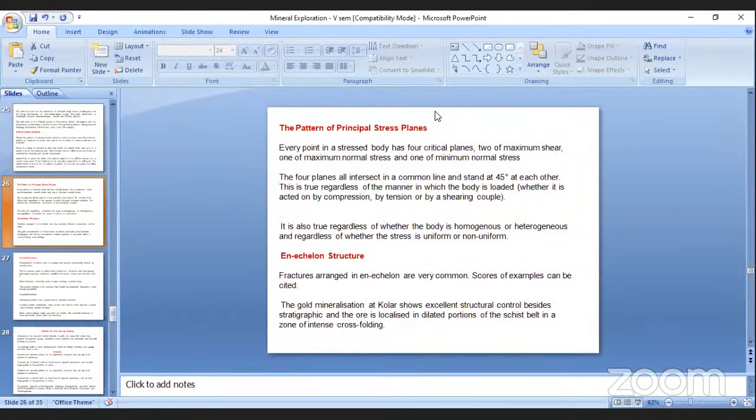Now, the pattern of principal stress and their planes.